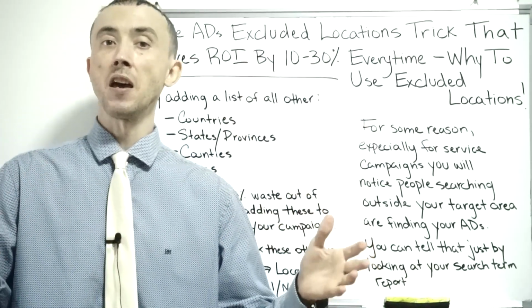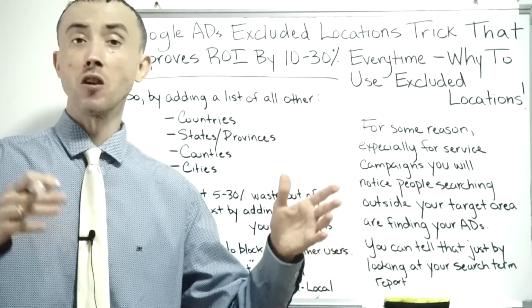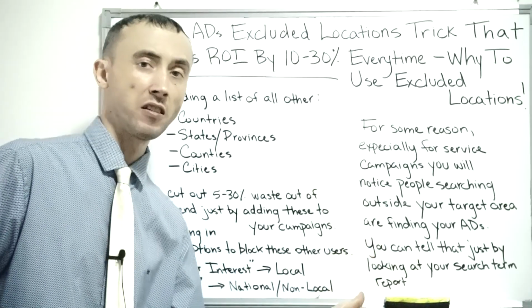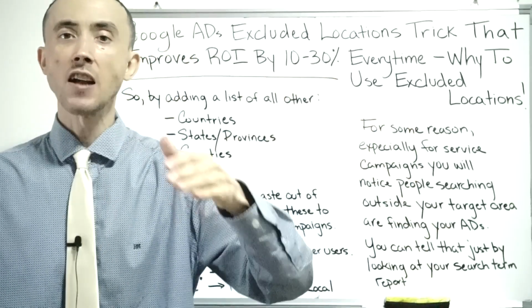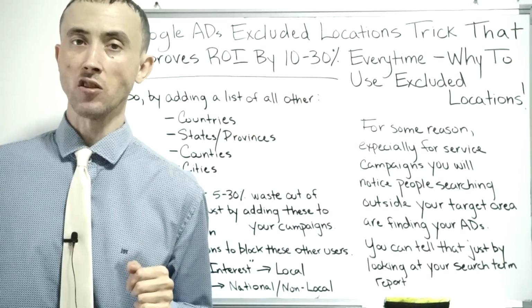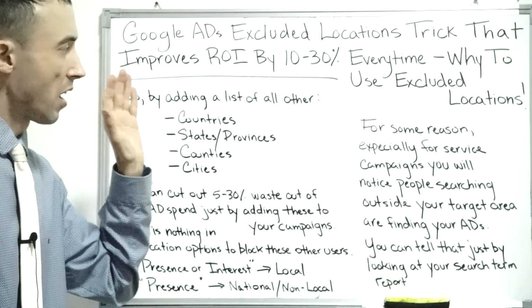If you're in San Francisco, for instance, and you're a plumber, and they type in San Francisco plumbers, and they're not in San Francisco, technically by default, the system is set up to have your ad show up anyway. There's no way to technically shut that off, except by using the excluded locations.